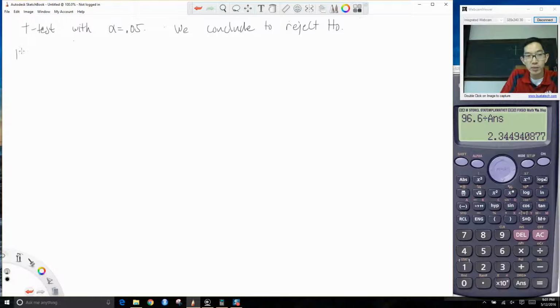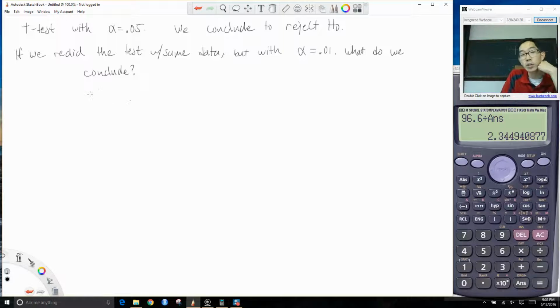If we redid the test with the same data, but this time with alpha equal to 0.01, what do we conclude? Well, actually, the answer is we don't know. We do not know if we will reject or not reject.